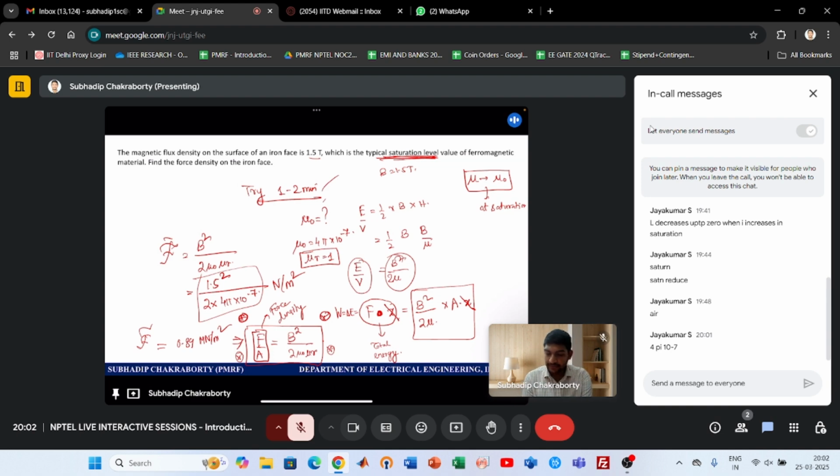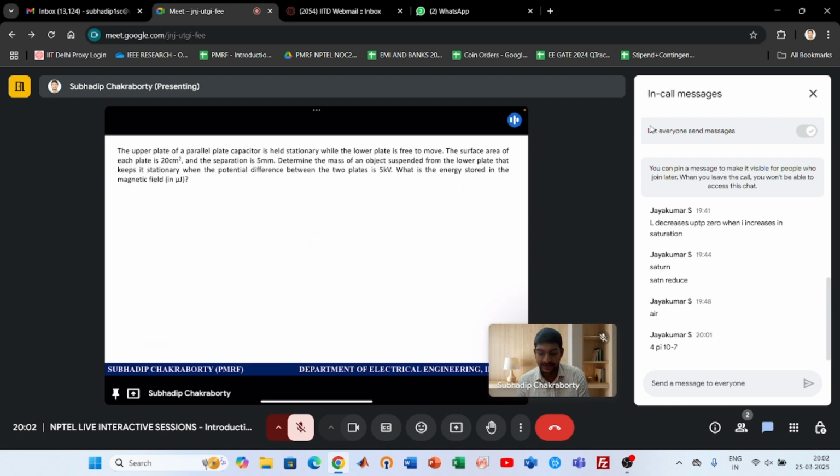Okay, let's move to the next problem. So there is a capacitor which is charged and you have some mass M connected. Obviously, it is hung over the negative plate and the dimensions are given as 20 centimeters square and the separation D is 5 millimeter.